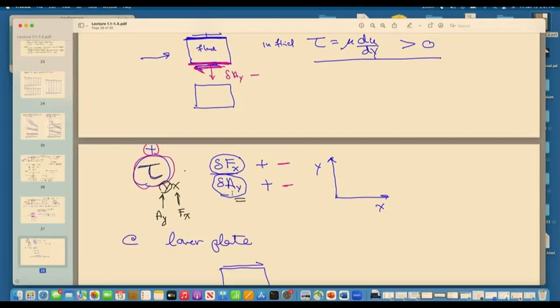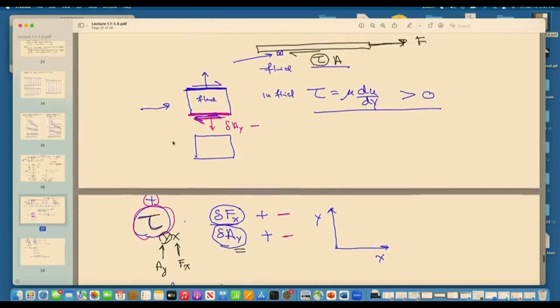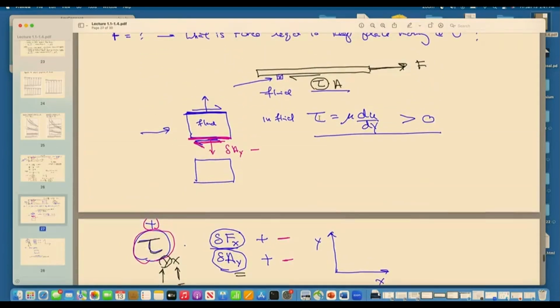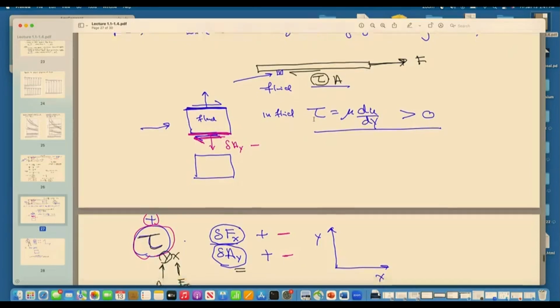But the thing is, force is a vector and area is a vector. Shear stress in general in 3D is a tensor. Although here it's simplified because it's a 1D problem, so we just have tau equals mu du dy, in general the velocity gradient is a tensor in 3D, as is the shear stress.